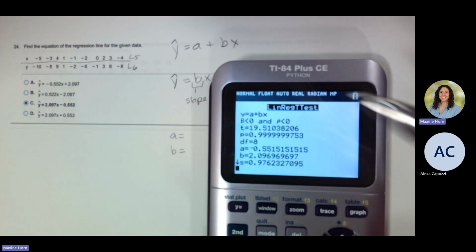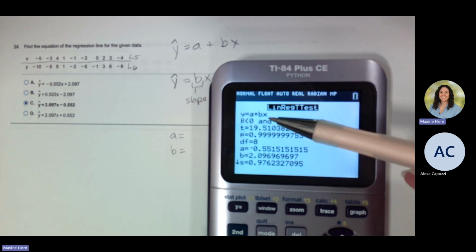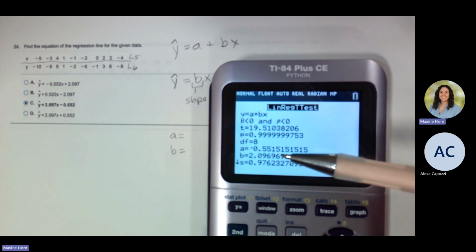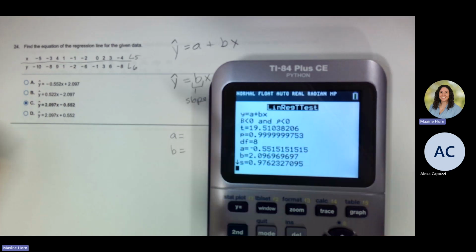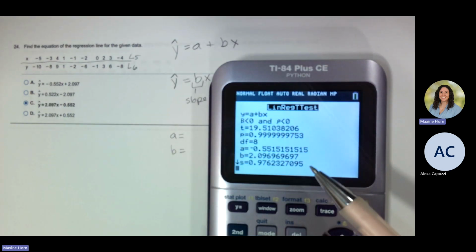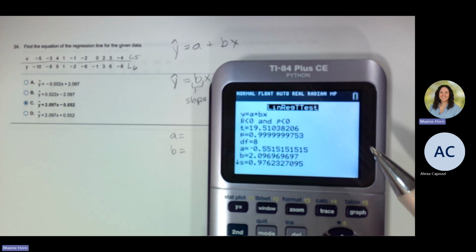Okay, so again, it's reminding us y equals a plus bx, and then it's giving us a, and it's giving us b. Now, you'll notice that these are really big numbers, right? They go for a lot of decimals. We don't need to give that many decimals. They're just rounding to like 3 decimals here, okay?